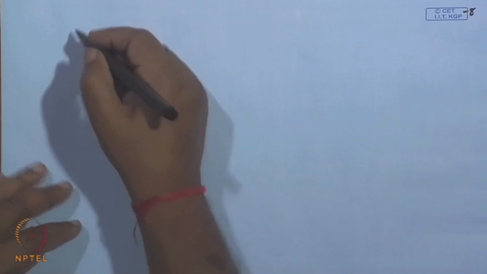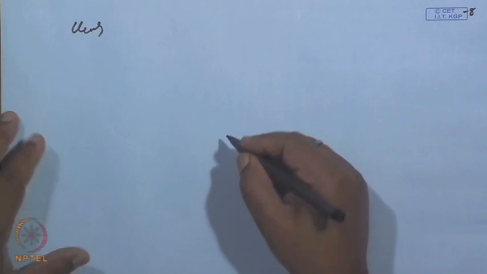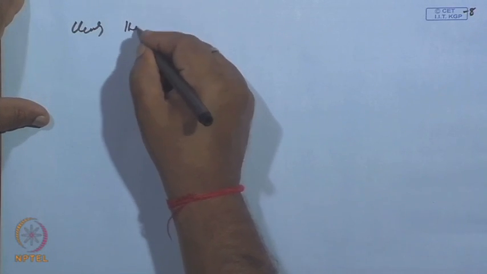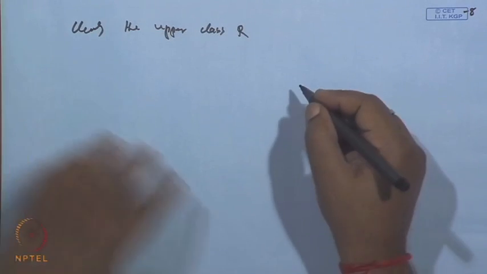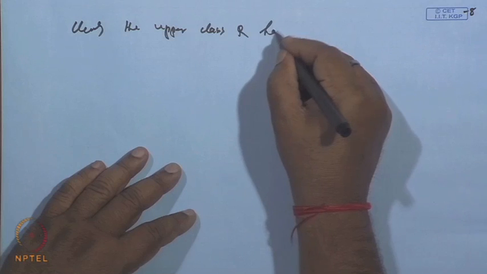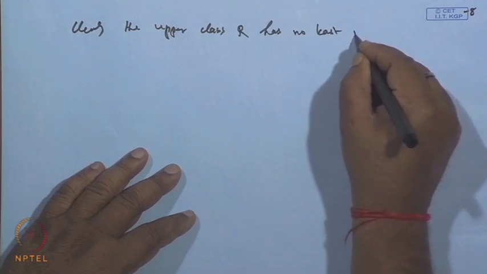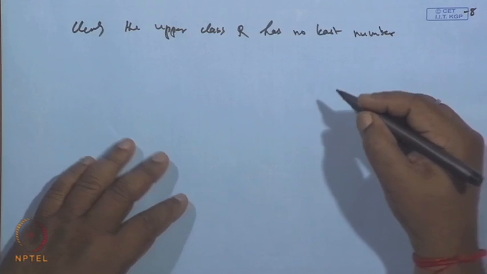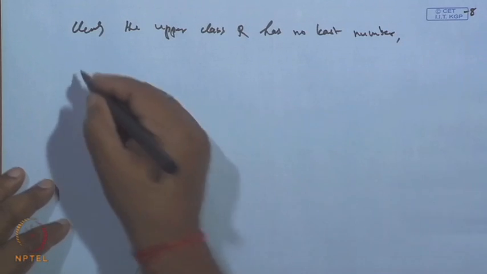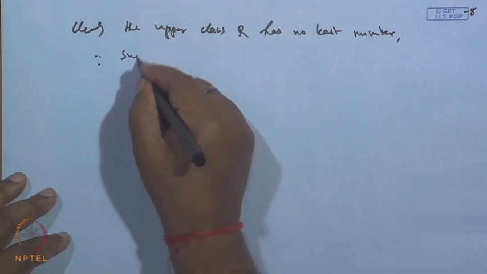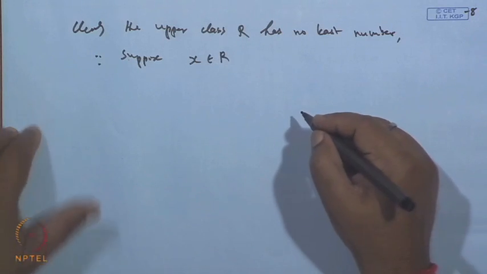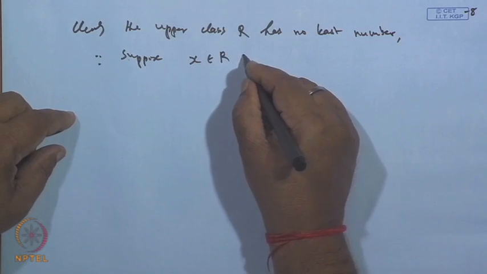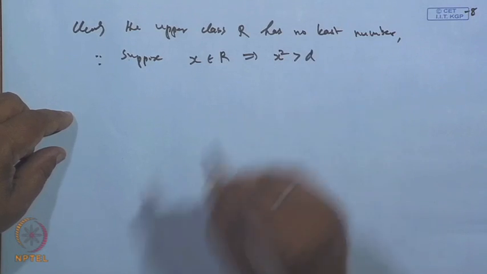The upper class R clearly has no least number, because suppose x belongs to the upper class R. By definition, x square must be greater than d.